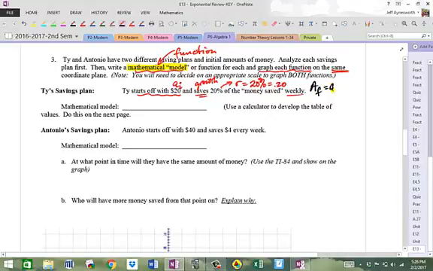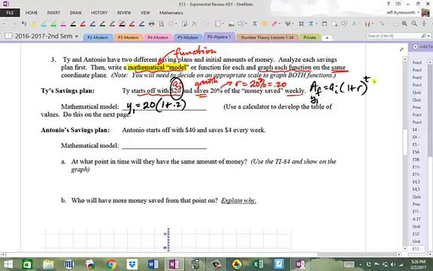It's A sub I times 1 plus R, because it's a growth function, to the t power, number of time periods. So you can call this A sub F, you can call that Y1, let's say. So Y1, the first function here, because we're going to put this on the calculator in a little bit, is equal to, all right, $20 times 1 plus 0.2, or you can say 1.2, right?